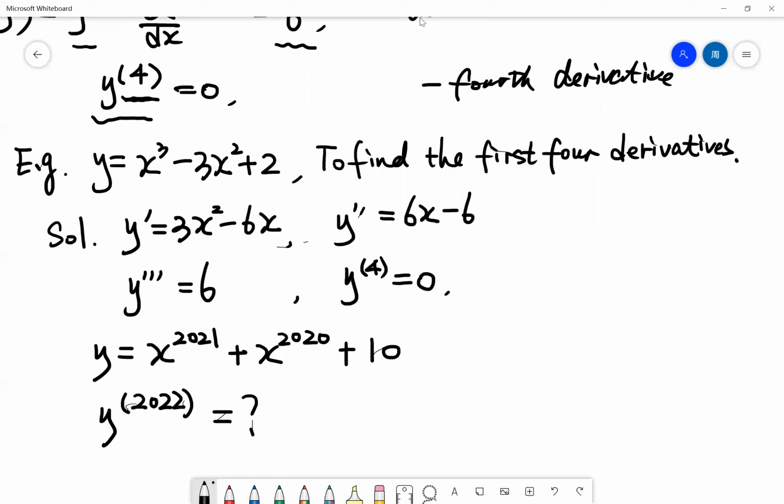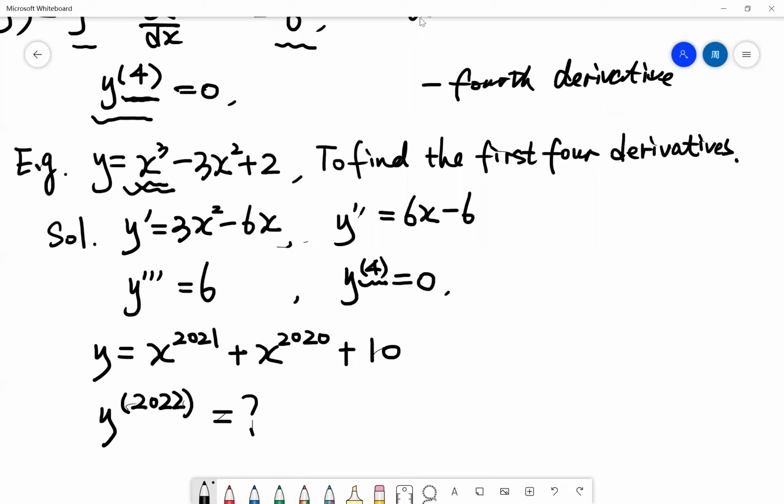So here, if the order of the derivative is 4, and the highest power of the function is 3, right? If the order of the derivative is higher than the power of the function, then the result is always 0, right? Yes.